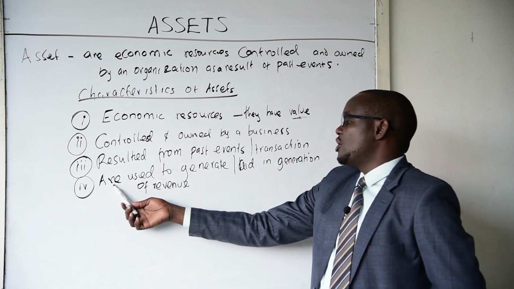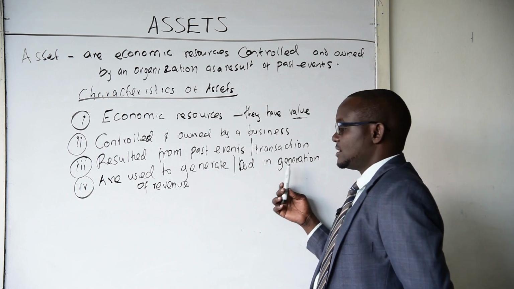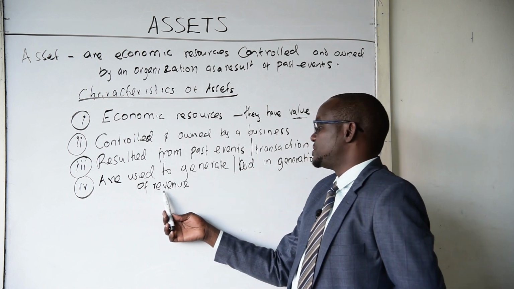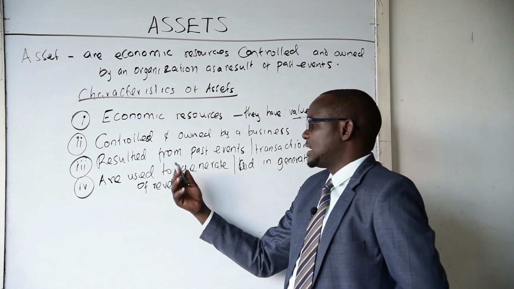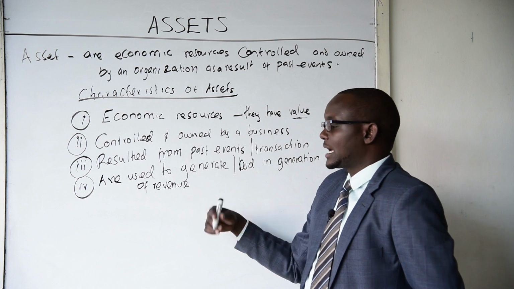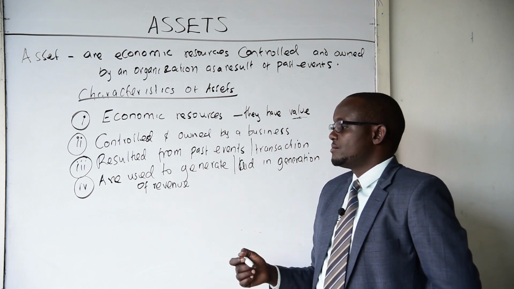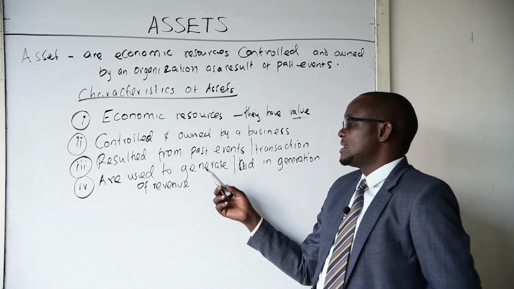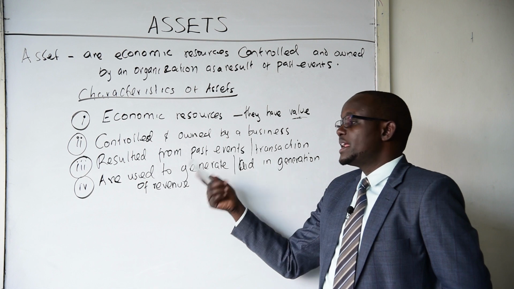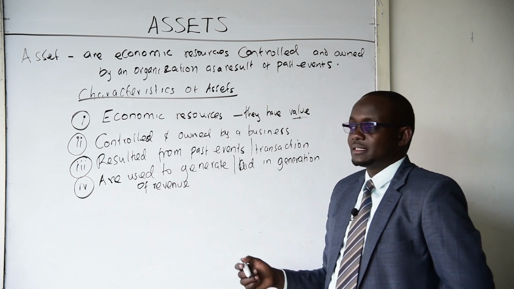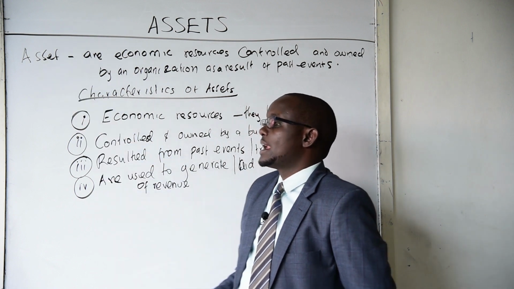Then they either generate directly or aid the organization to generate revenue. We can have an example in a school setting, a classroom, which is actually a building. This classroom will be helping the educational organization to generate revenue by serving the customers. Hence, it will qualify to be an asset.